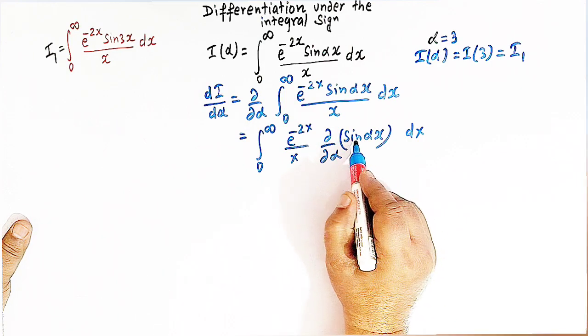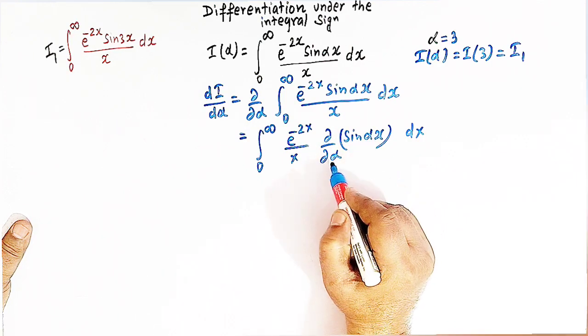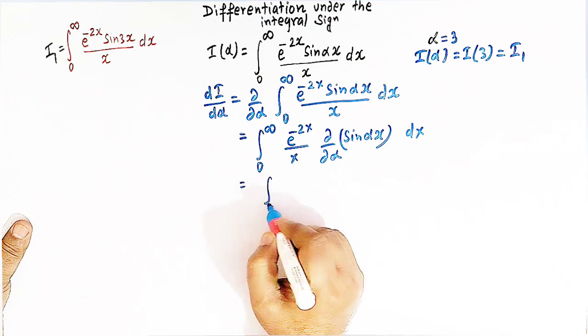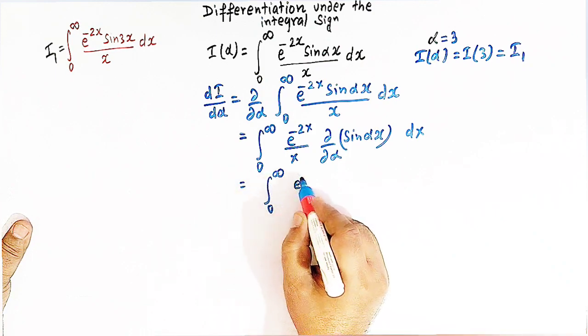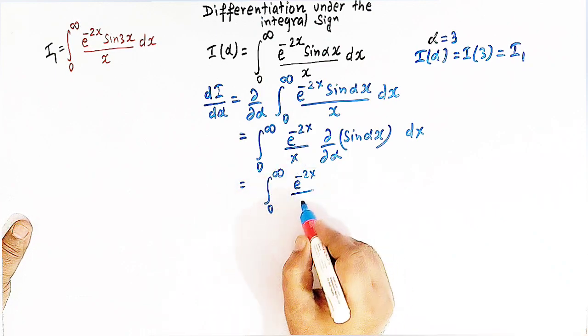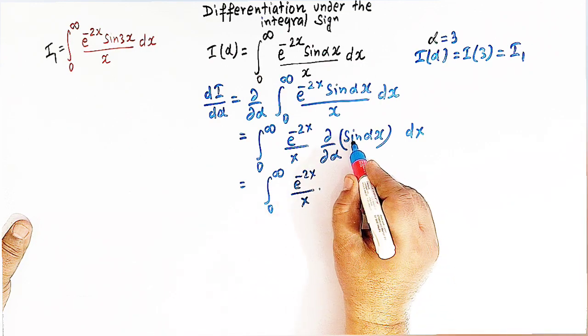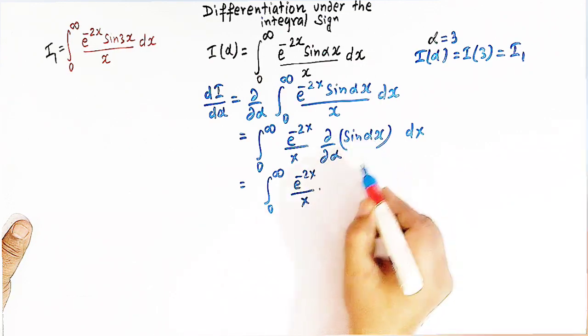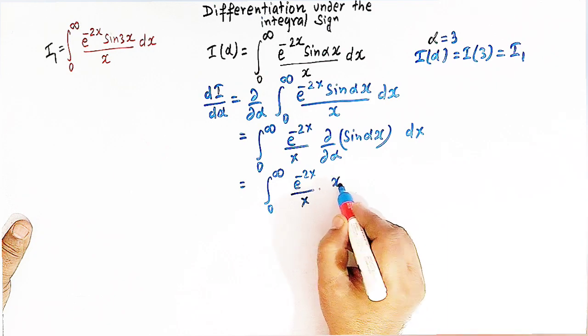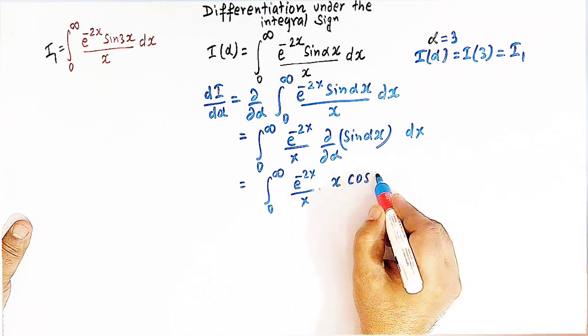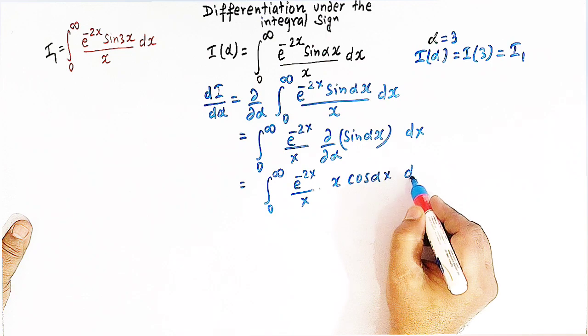So now the derivative of sine alpha x with respect to alpha is now equal to, here we have e raised to minus 2x over x. So the derivative of sine alpha x is x times cos of alpha x, right?